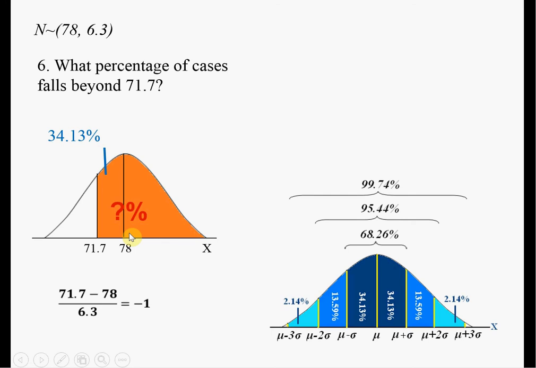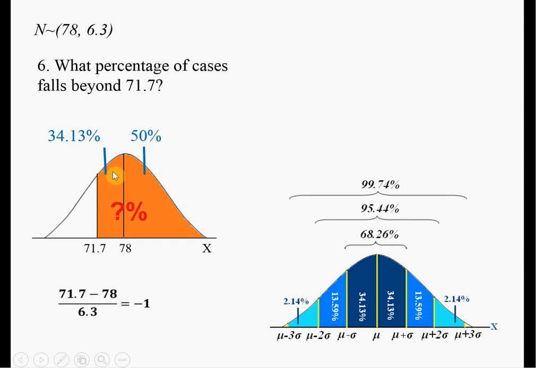Based upon the characteristic of normal distribution, this is a symmetrical distribution. So this is a half of the distribution. So this must be 50%, because this is a symmetrical distribution.